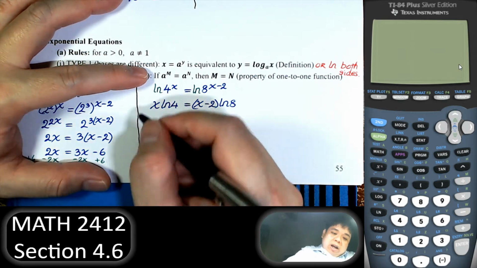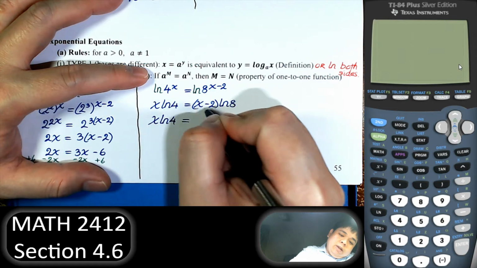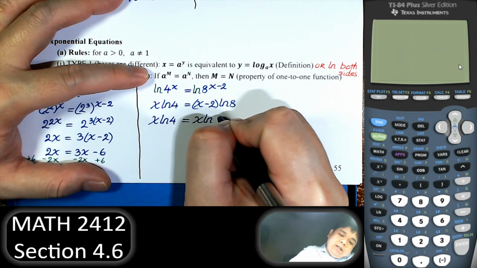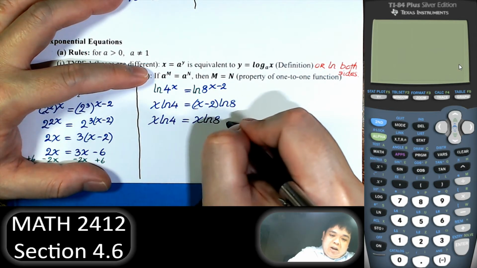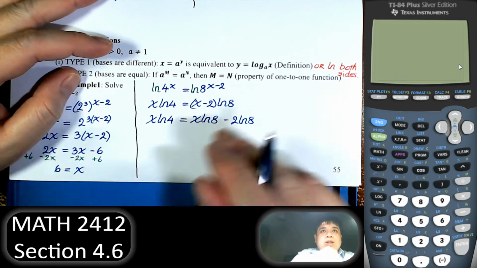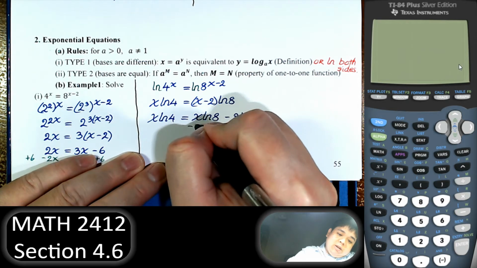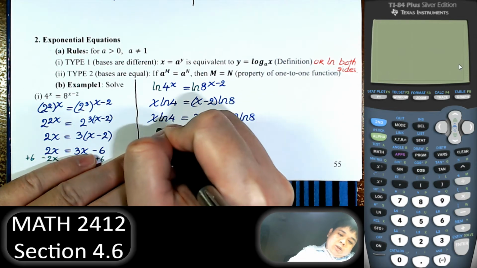Here I can multiply it out. x ln of 4 equals x ln of 8 minus 2 ln of 8. Right. Now, since we solve for x, move that to the same side.